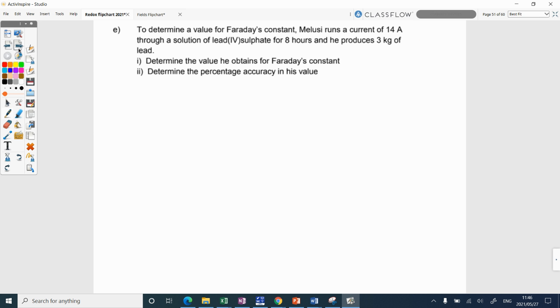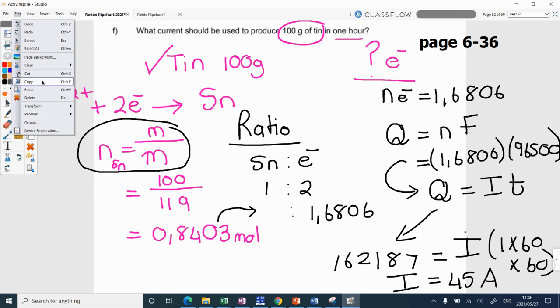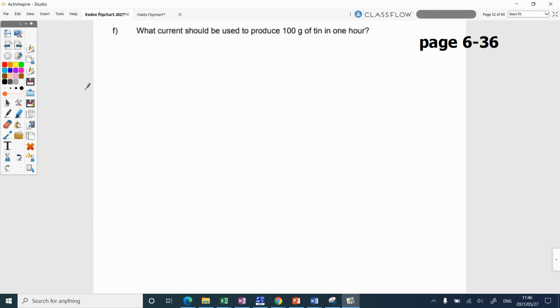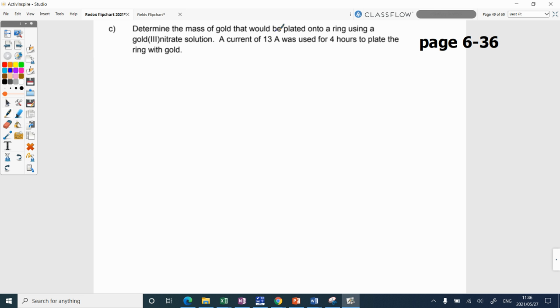I want to skip to F because I'm not going to do all of these in class. F is the other way around. They're very similar, all of them. If you look at C, determine the mass of gold that would be plated onto a ring using gold nitrate. The current is that, the time is that.